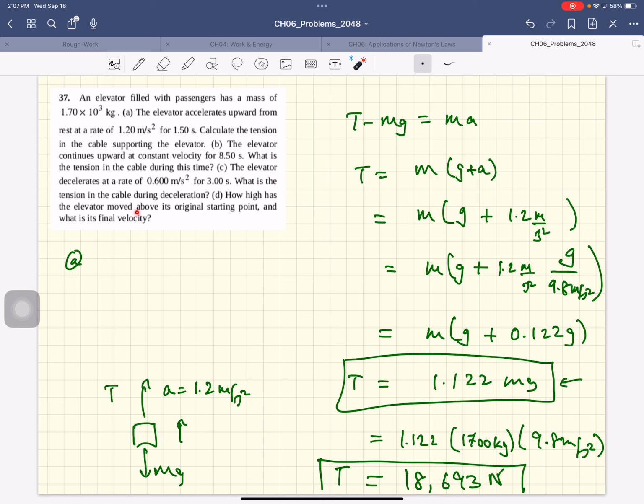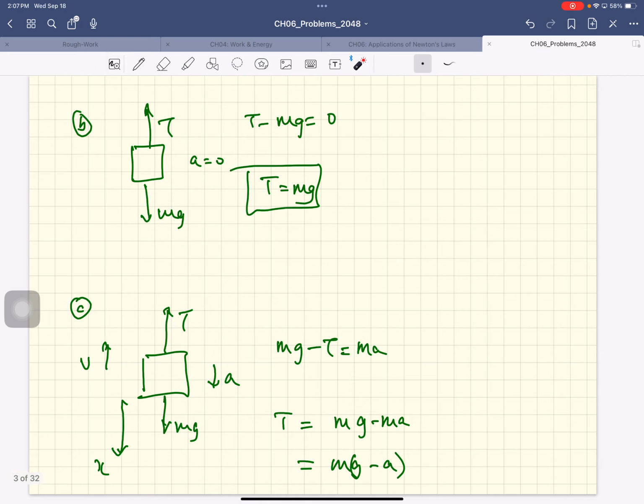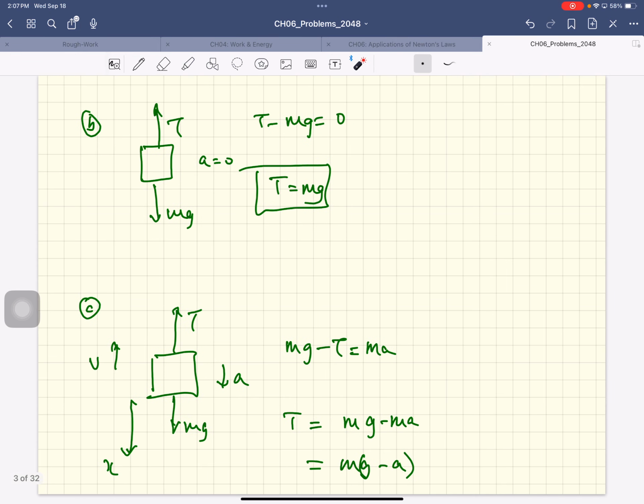How high has the elevator moved above its original starting point, and what is its final velocity? This is mg minus 0.6 divided by g times 9.8.